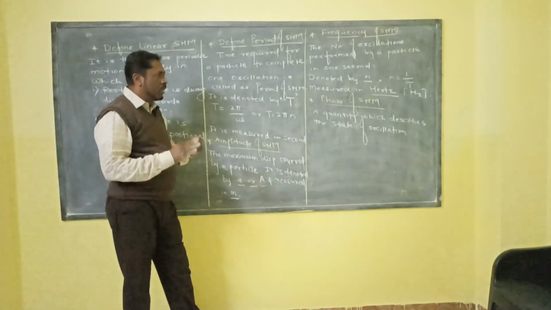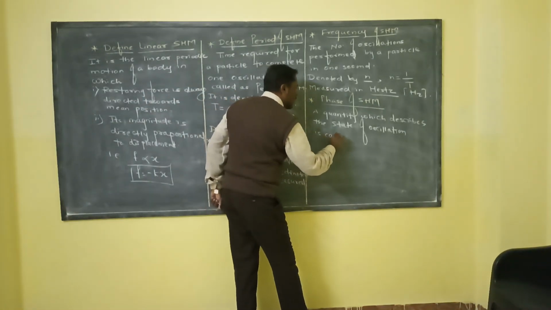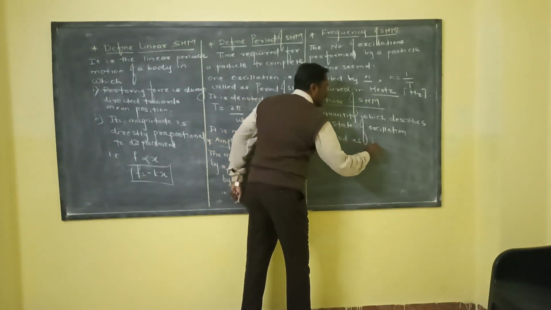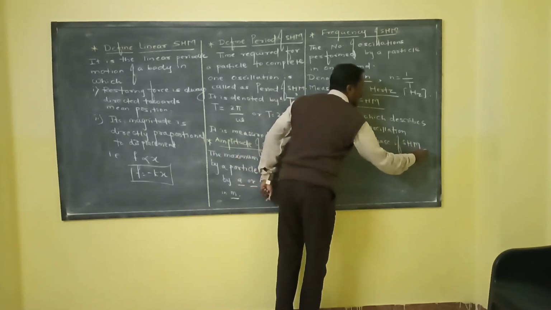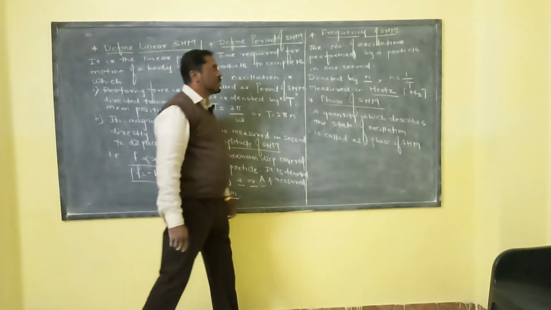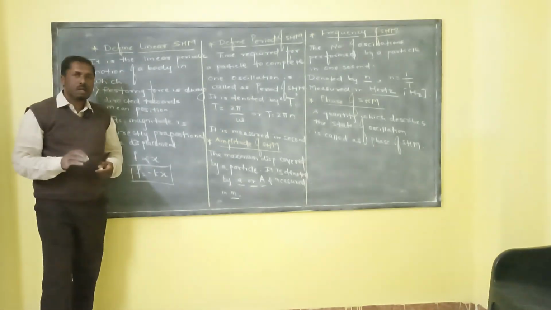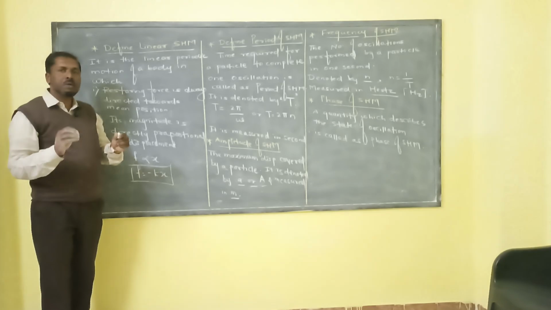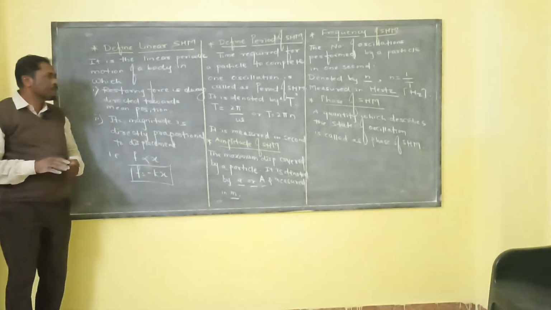A quantity which describes the state of oscillation is called the phase of SHM. So these are the most important definitions related to the chapter oscillation. Generally they are asked for 1 mark and 2 marks a number of times. Watch it carefully.